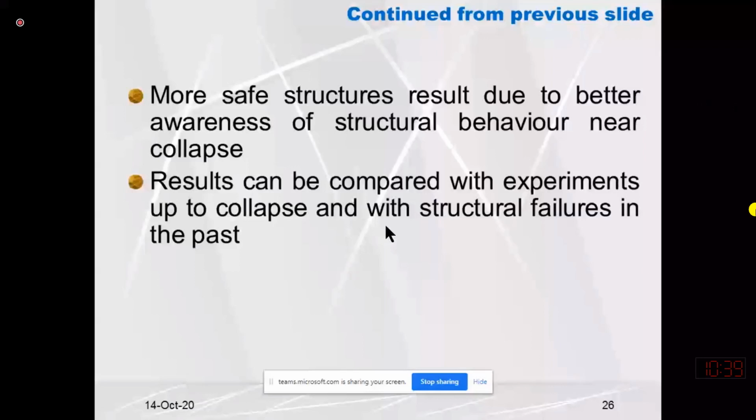And maybe in ASD, failure will not actually occur in the field condition. But in LRFD, for example, if you have designed a member for 100 kilonewton, when you actually test it in the lab, the capacity may be 110. So it is closer.